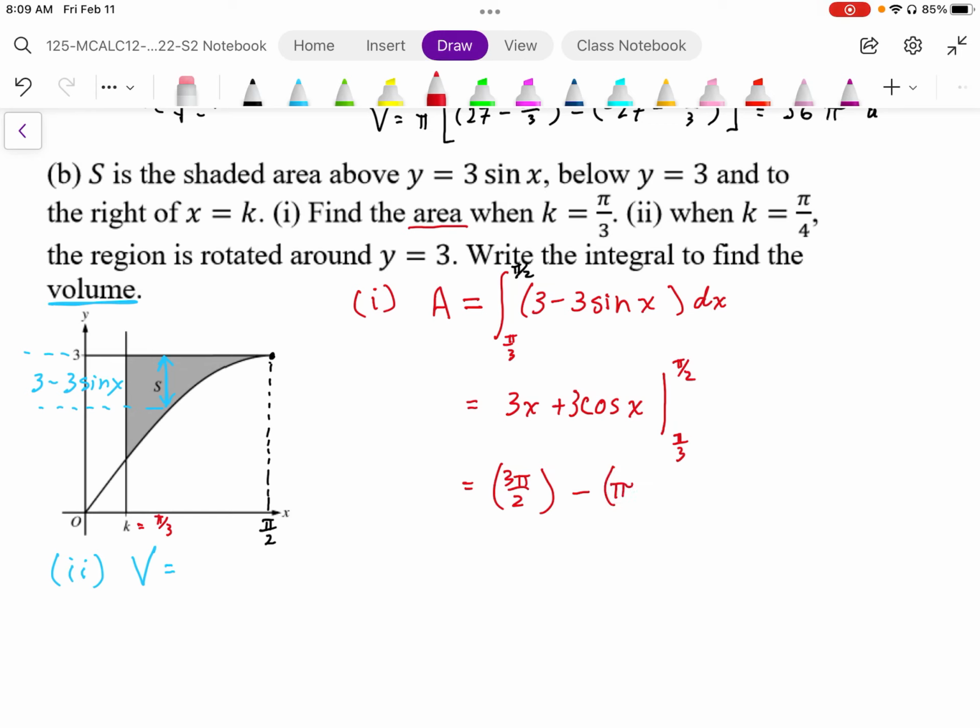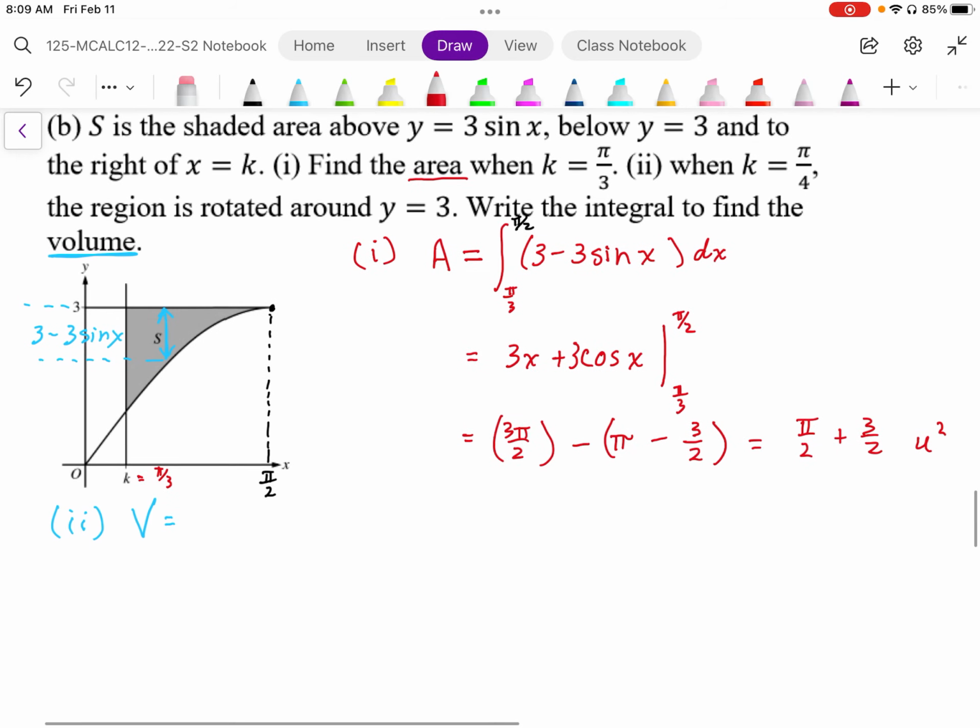Plugging pi over 3 into the cosine function, cosine of 60 degrees is going to be 1/2, so I end up with 3 times 1/2, minus 3 over 2. So this works out to be 3 pi over 2 minus pi, that's pi over 2, minus 3 over 2 is going to be plus 3 over 2, and this is an area, so we're going to have units squared.